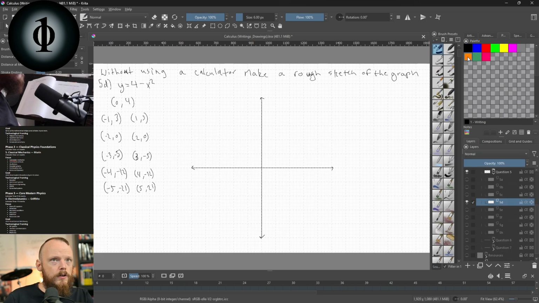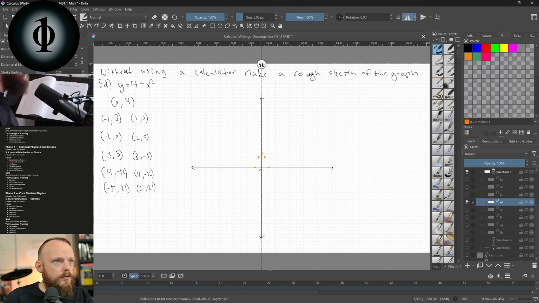Let's switch to our... Nope, that's not our point. 4. All right, -1, 3. I want to turn on my symmetry here because it's symmetric. Save me some time. When x is -1, y is 3. 1, 2, 3. When x is -2, y is 0.